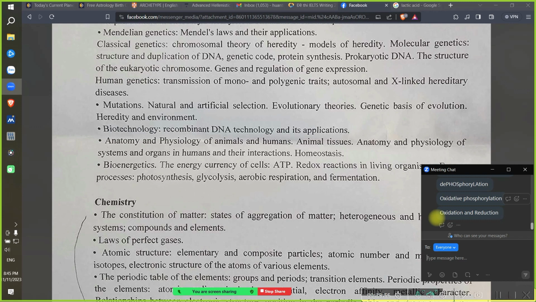So glycolysis is the first stage of respiration. Glyco means it refers to carbohydrate, and lysis means split apart. So, what else?